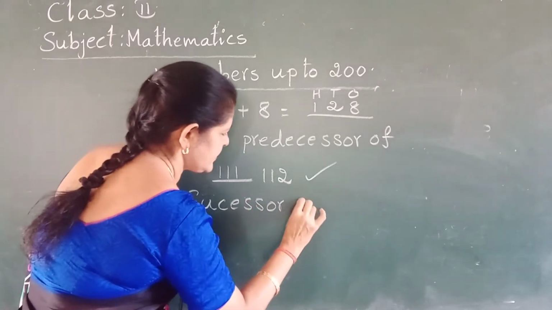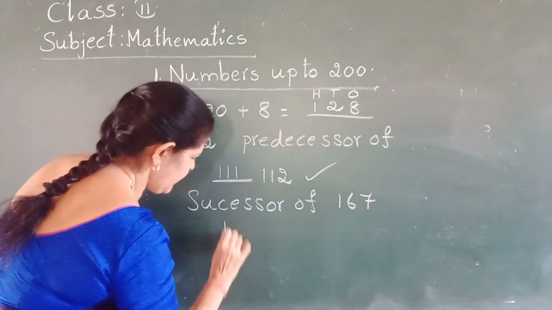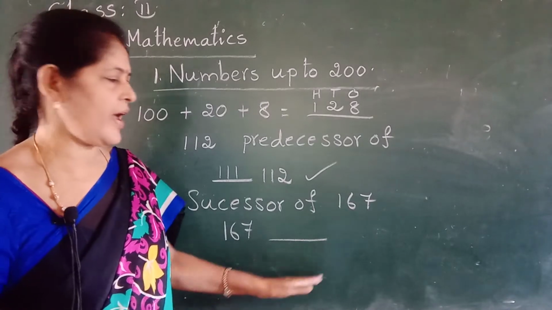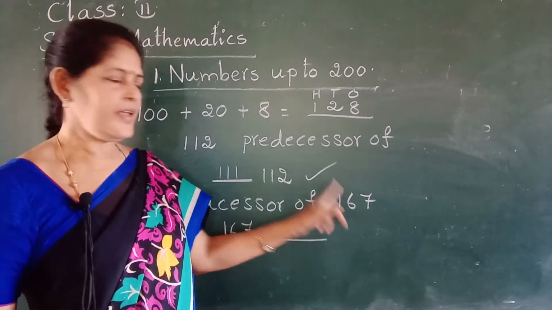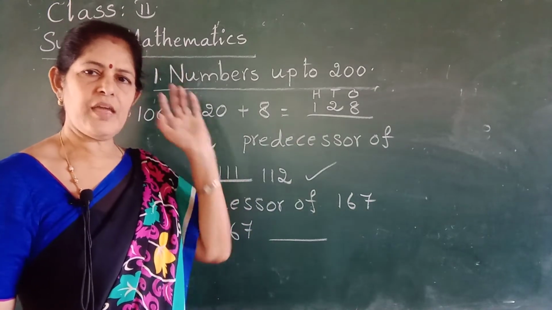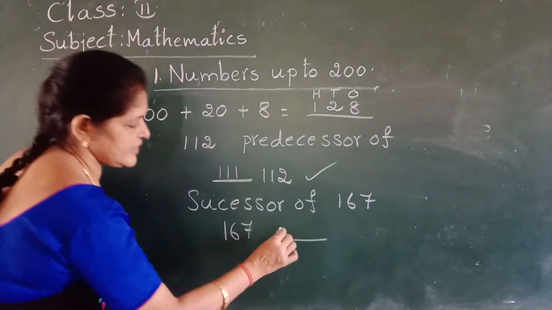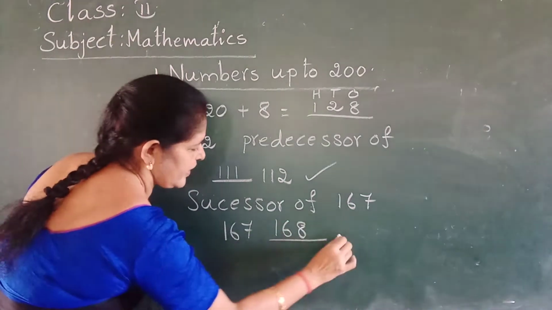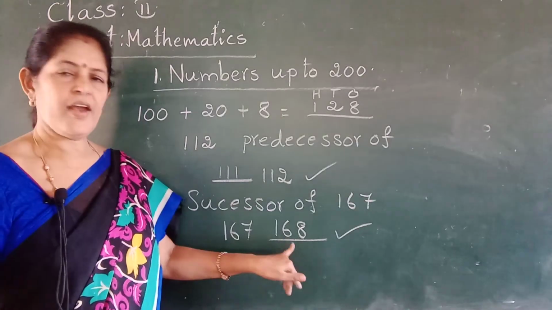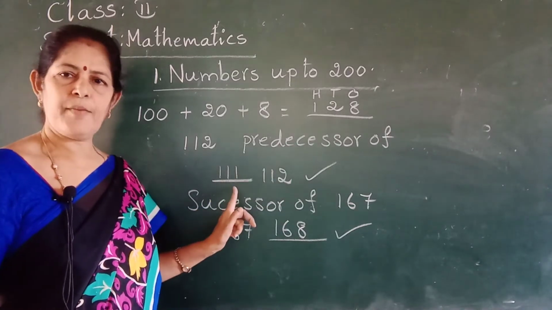Successor of 167. That means write the number which comes after the given number, or number plus 1. Here number minus 1, here number plus 1. Just keep in your mind what comes after the given number. 168. Very good. Successor after number, predecessor before number.